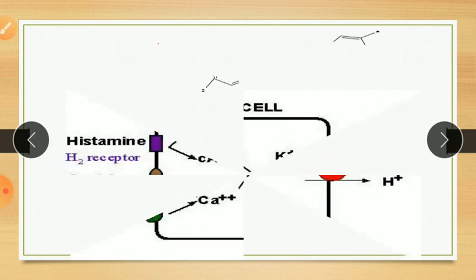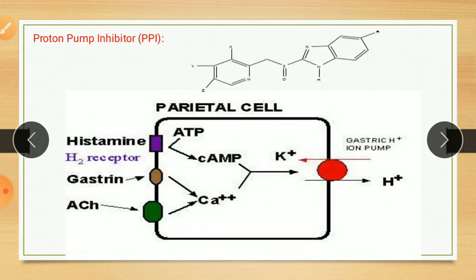Now the next, the last class, is proton pump inhibitor, called PPI. Regarding mechanism of action, the final step in acid secretion in the parietal cell is the extrusion or pumping of protons into the lumen of the stomach by the membrane hydrogen potassium ATPase pump.